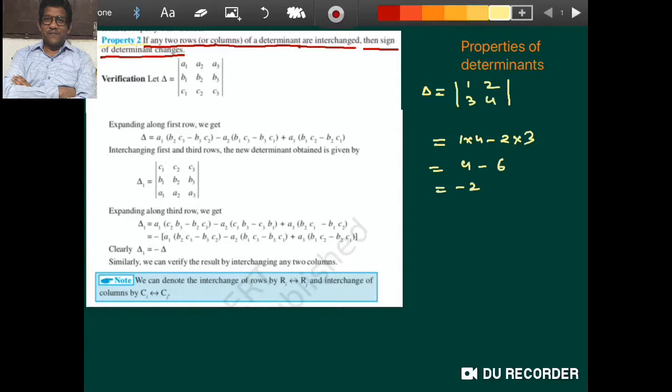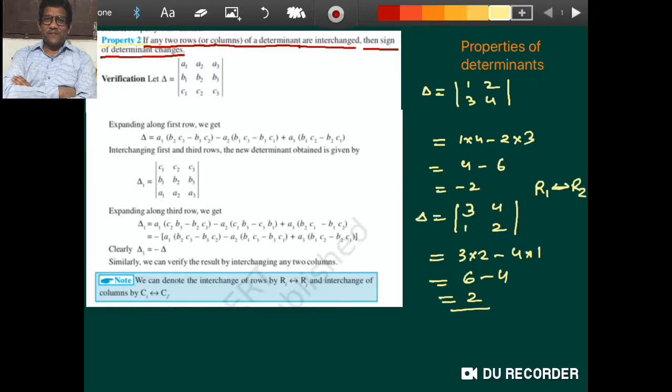Now, if we change row 1 to row 2, that is, in place of row 1 we write row 2, and in place of row 2 we write row 1. We symbolically denote this as R1 to R2. It means interchanging of row 1 and row 2. What we get here is 3 into 2 minus 4 into 1, that is 6 minus 4, equal to 2. So here we observe that the sign changes.